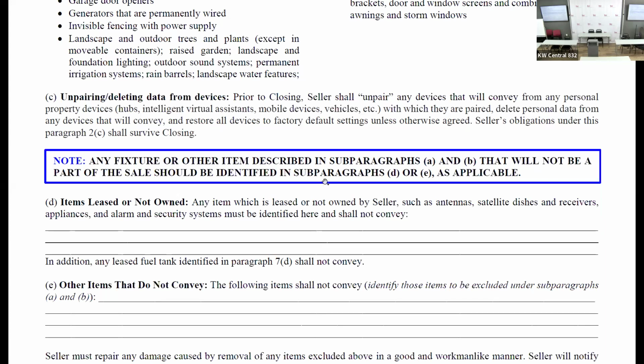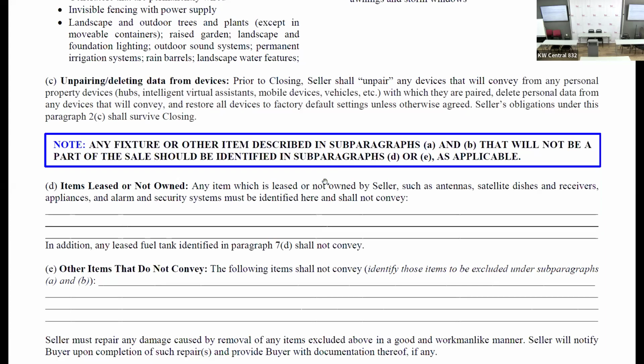Looks like they put in something about keys. There should be no outstanding keys, which is the main thing. Items leased or not owned by the seller, again, antennas, satellite dishes, receivers, appliances, alarm and security, are identified and shall not convey, because the seller can't convey something that they don't own.